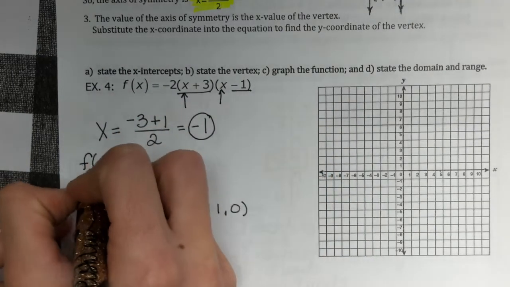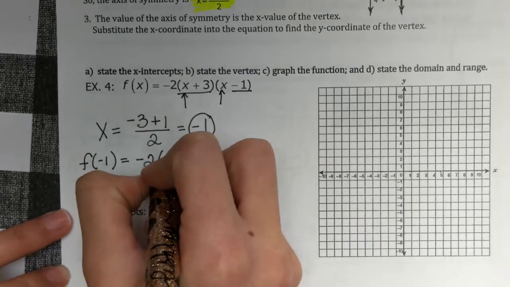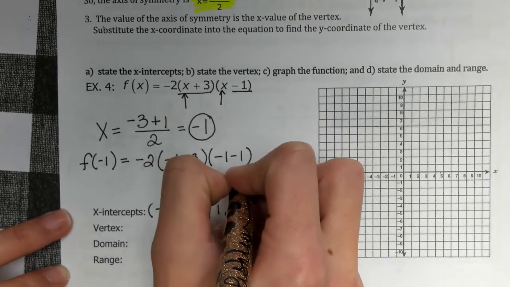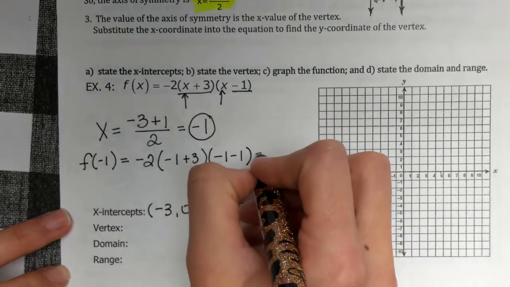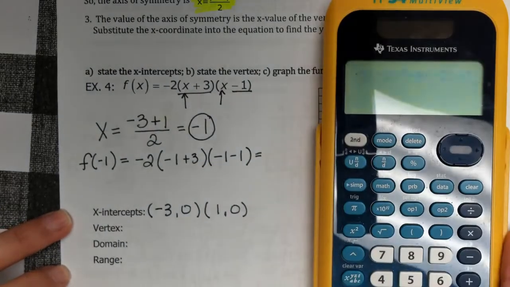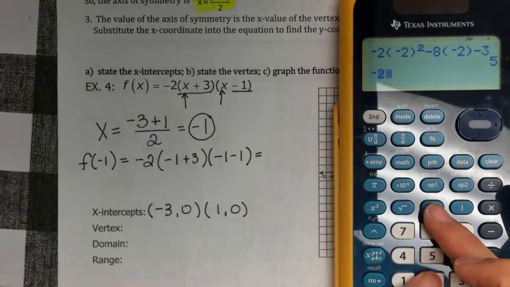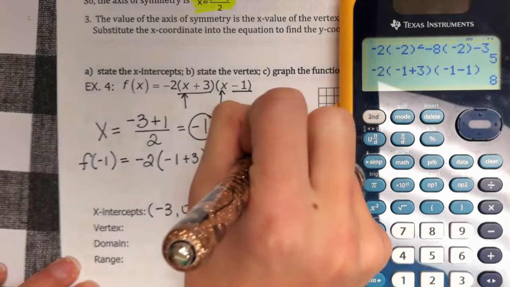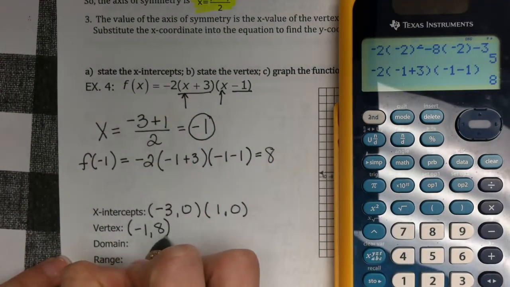So f of negative 1 is equal to negative 2 times negative 1 plus 3 times negative 1 minus 1. So negative 2 times negative 1 plus 3 times negative 1 minus 1 gives you 8. So my vertex is negative 1, 8.